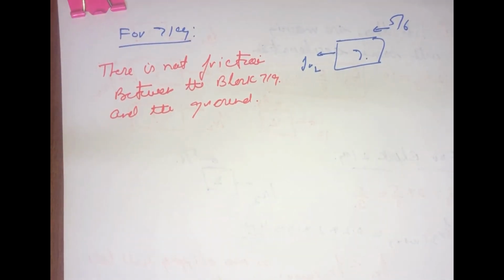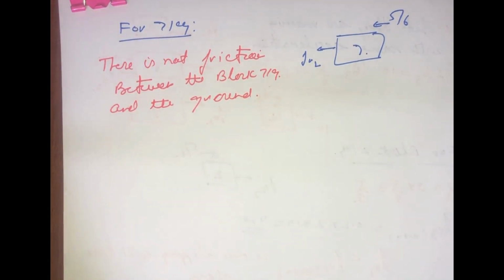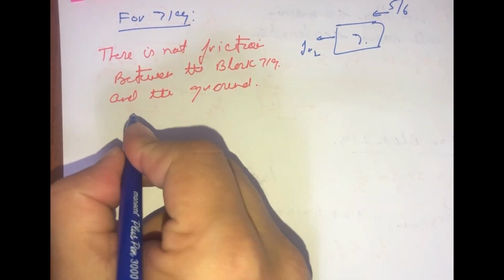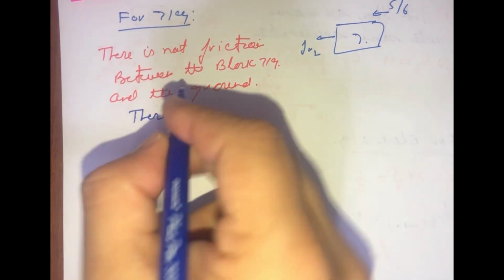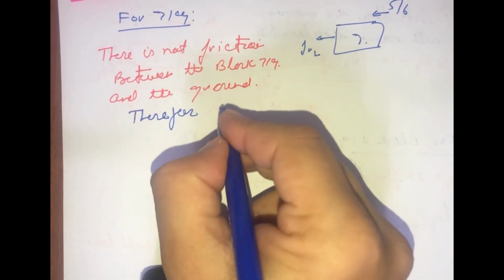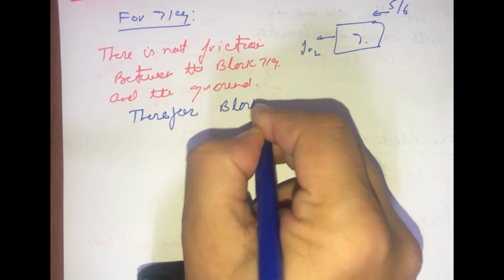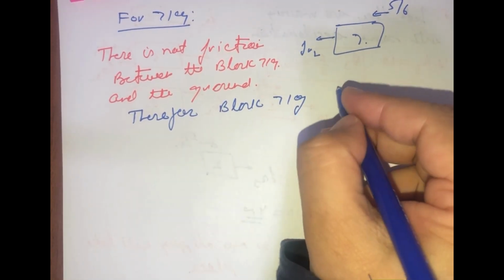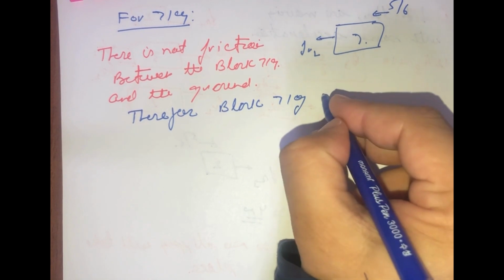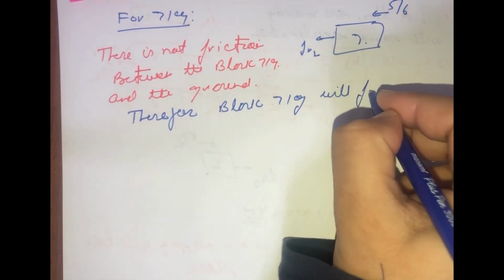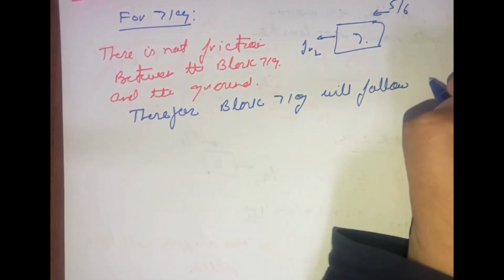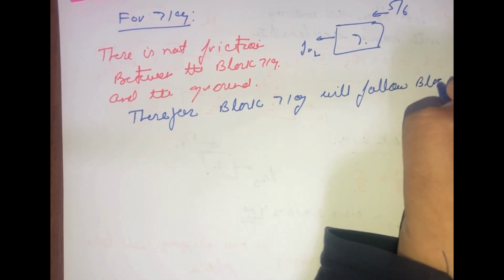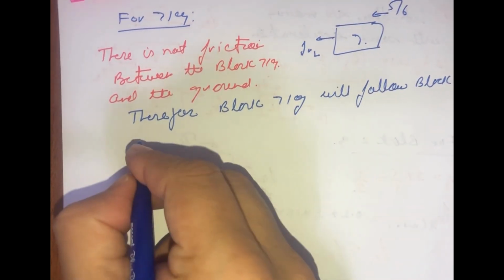Therefore the 7 kg block will follow the block of 3 kg.